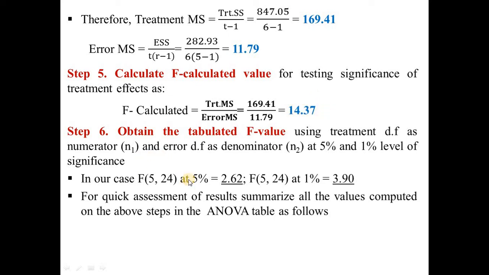The next step is obtaining the tabular F value by using the treatment degree of freedom as numerator and the error degree of freedom as denominator at 5% and 1% levels of significance. In this case, we have 6 treatments, so the treatment degree of freedom is 5, that means 6 minus 1 is 5, whereas we have 24 error degrees of freedom.